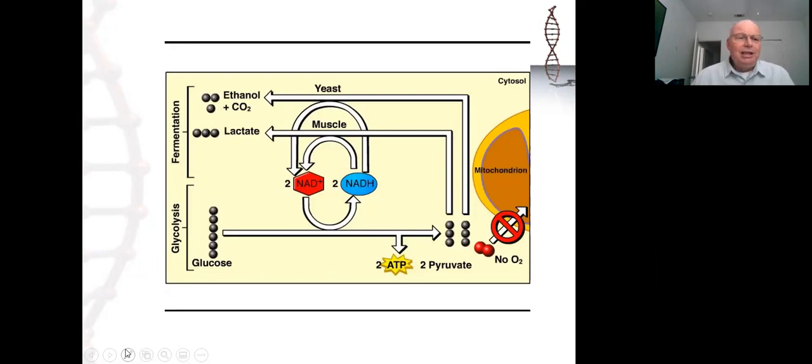So basically, it's a way of souring material or pickling material in a very, very controlled fashion. It also happens to be the temporary solution for muscle cells that go anaerobic. They also perform lactic acid fermentation, but it is very much temporary.